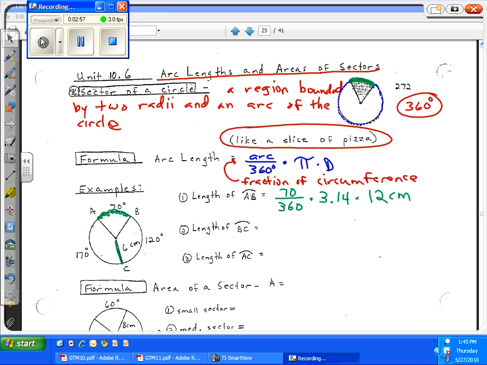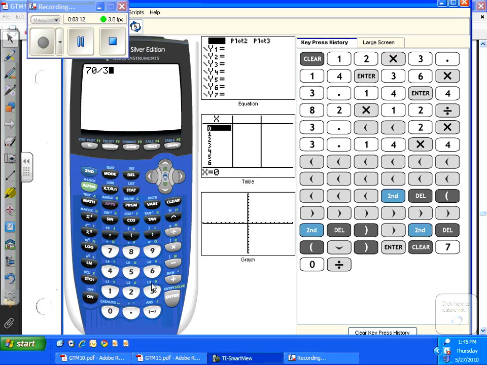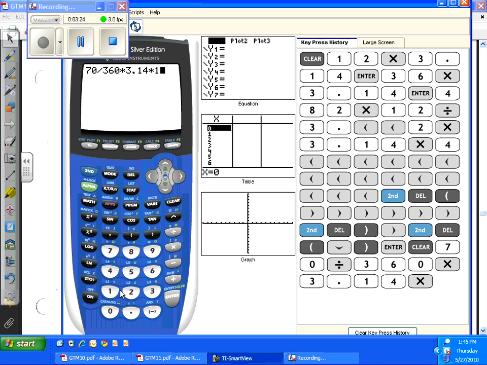So if we go to the graphing calculator and punch that in, we would have 70 divided by 360 times pi times 12. So arc over 360 times pi, 3.14, times the diameter, which was 12, gives 7.33 rounded.